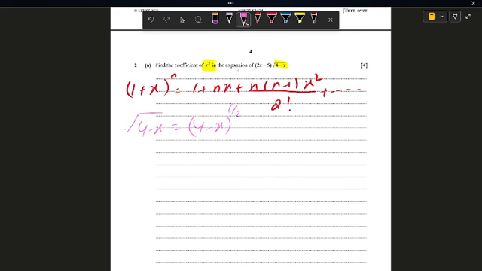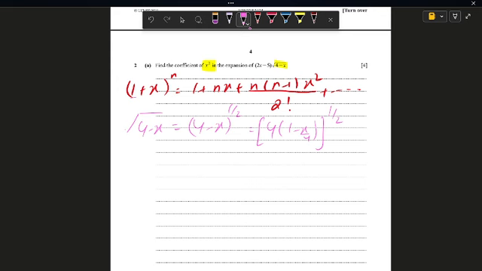I have to take 1 over here in order to apply the standard form. So I will take 4 common from it. Once I take 4 common, it will become 4 times (1 − x by 4) whole to the power 1 half.